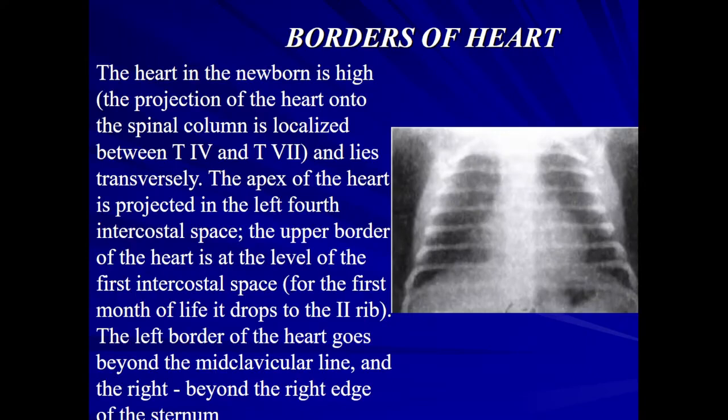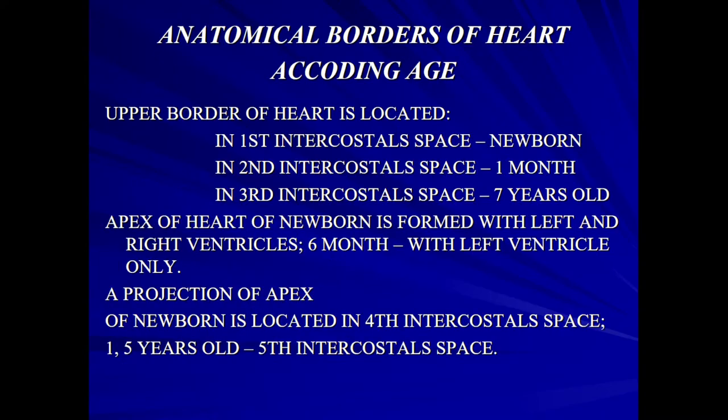The apex of the heart is projected in the left fourth intercostal space. The upper border of the heart is at the level of the first intercostal space. From the first month of life it drops to the second rib. The left border of the heart goes beyond the mid-clavicular line and the right beyond the right edge of the sternum. It's the main border of the heart.